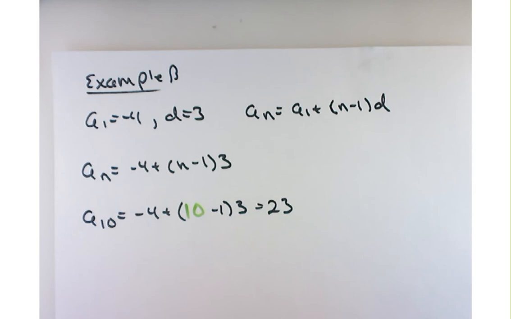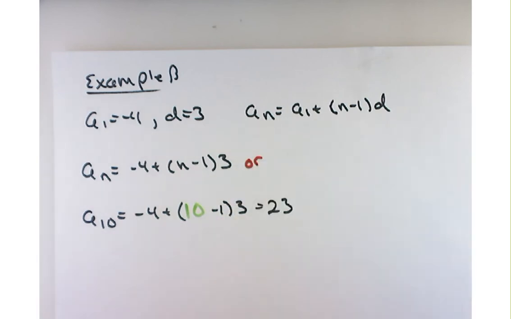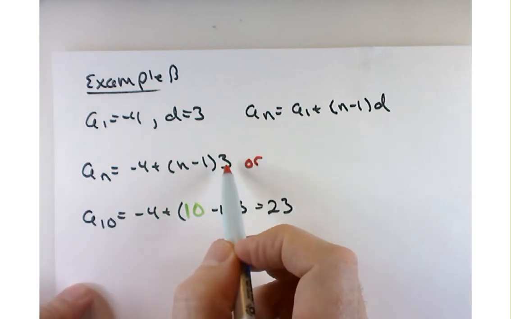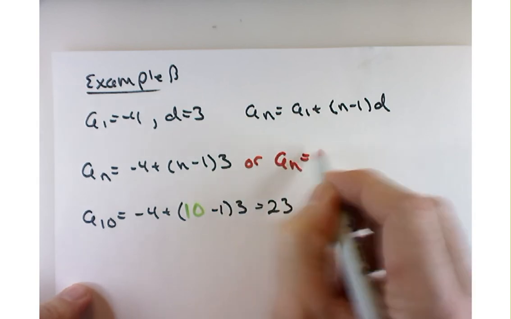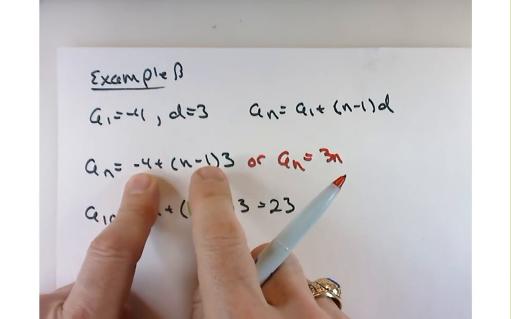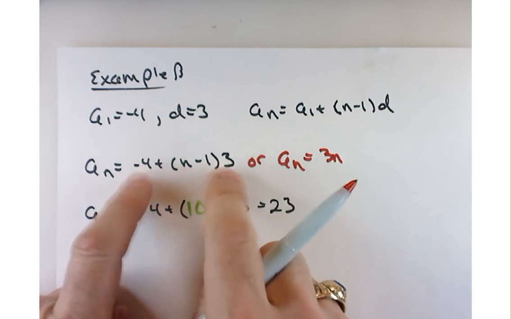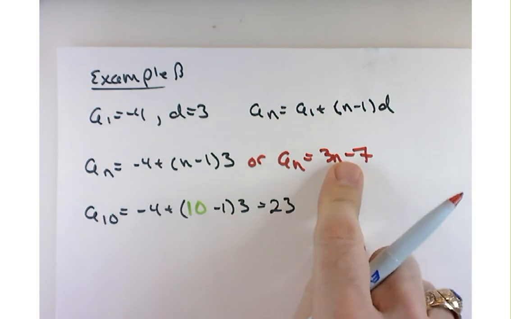Now, just an FYI, you could write the general form a slightly different way. If I distribute the 3, I'll get a 3n. I'll have a negative 4 and a negative 3. Well, negative 4 plus negative 3 is negative 7. So you could write it like that.